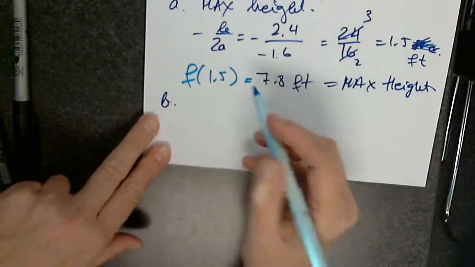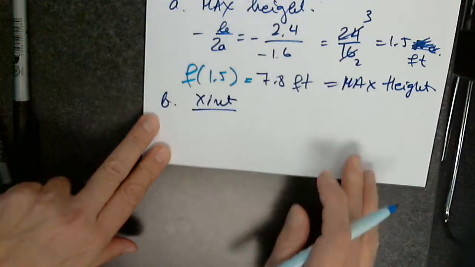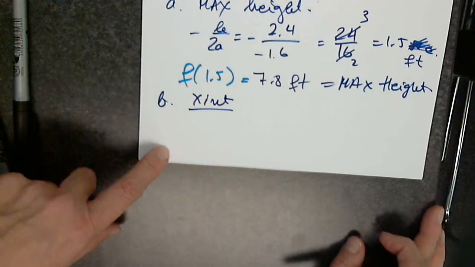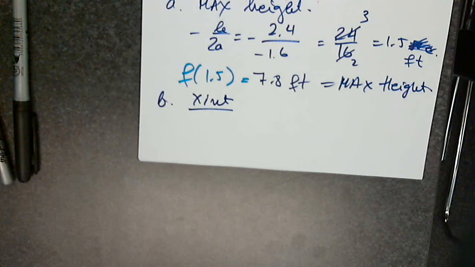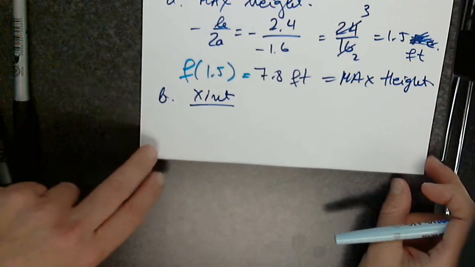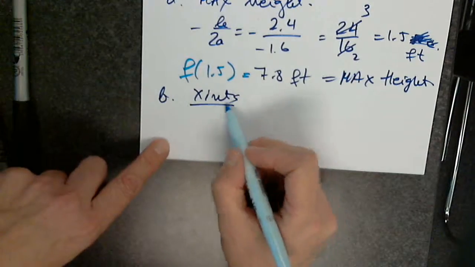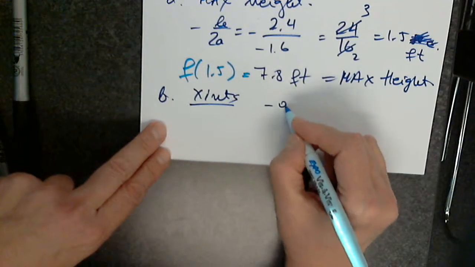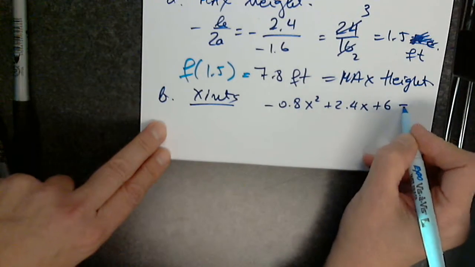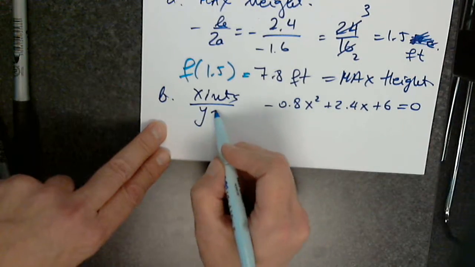Right, very good. Okay, how do I find the x-intercept? Of course I'm going to come up with 2 because it's a parabola and it goes up to a maximum and then comes down, so it has to cross twice. But then I'll figure out which one I really need. So how do I find the x-intercepts? Good. So -0.8x² + 2.4x + 6 = 0. I have to set y equal to 0.